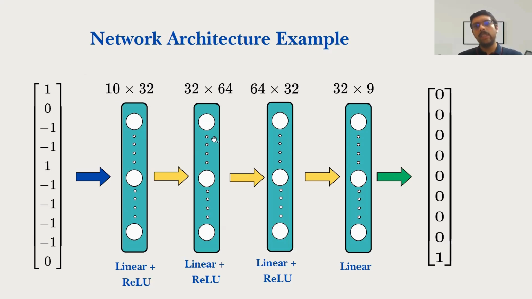This 32 is optional. You can pick 16, you can make it 64. This is an example architecture, and I've explored a few, so I'll probably stick to this one when we implement it. You can explore by reducing and increasing the number of neurons. So I'm going 10, 32, then 32, 64. So basically 32 inputs per neuron, and there are 64 neurons, so 64 outputs from this layer.